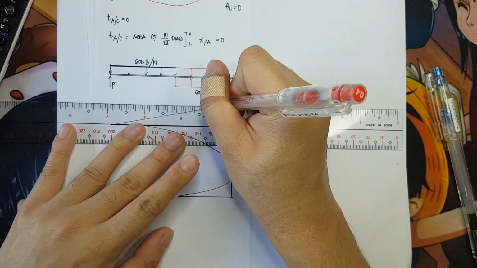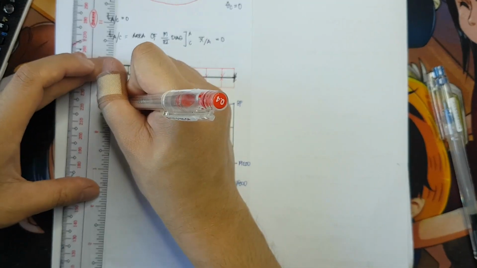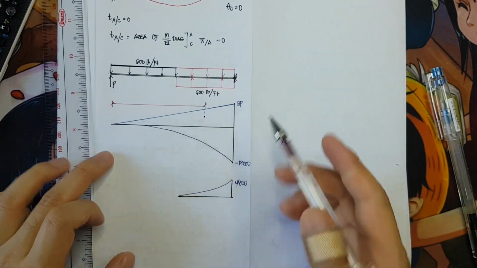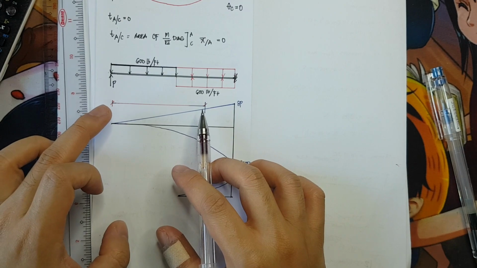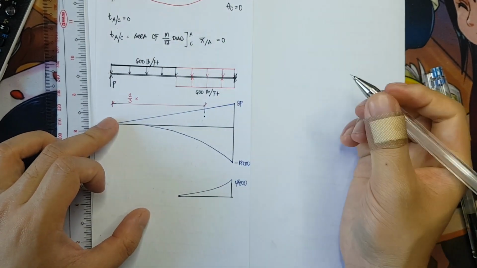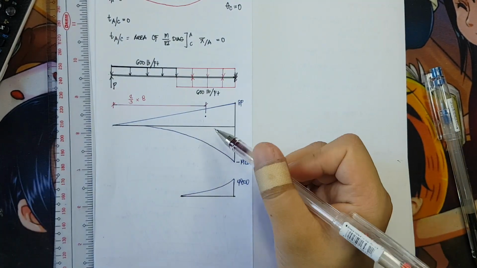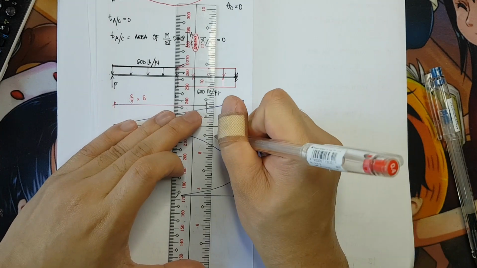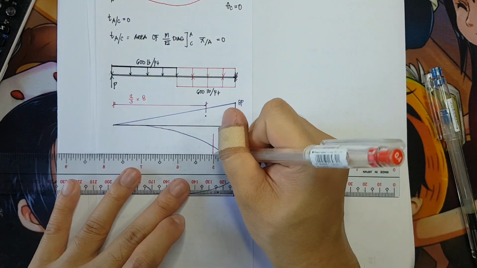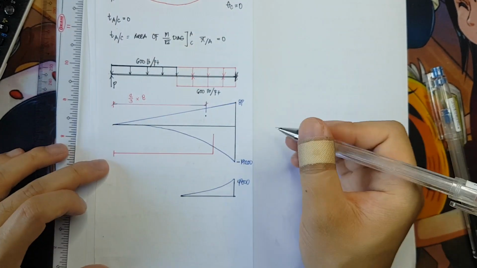So since that is 1/3 from the base, we know that this is 1/3. So this is 2/3. 2/3 of 8. Next, we have here 3/4. So we have here 3/4 from the top, or 1/4 from the base. So that would be our lever arm.